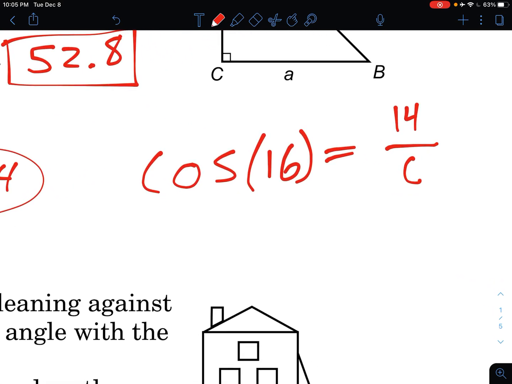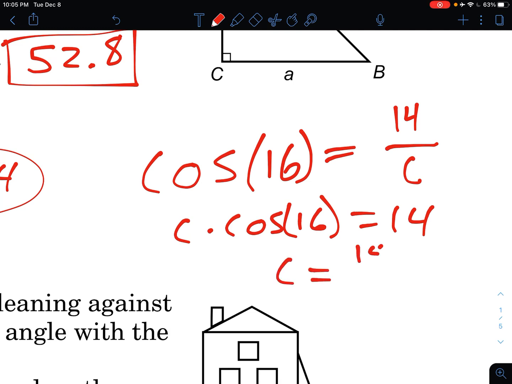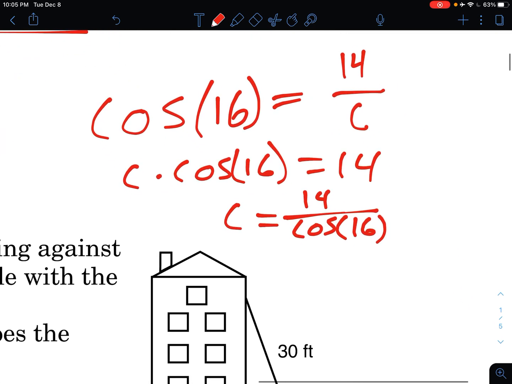So these numbers should be pretty close to each other. I have to multiply by C again, so we'll have C times cosine 16 equals 14, and then we're going to divide by cosine 16 on both sides, so C equals 14 over cosine 16. You can type that right into your calculator to give you 14.6 when you round to the nearest tenth.